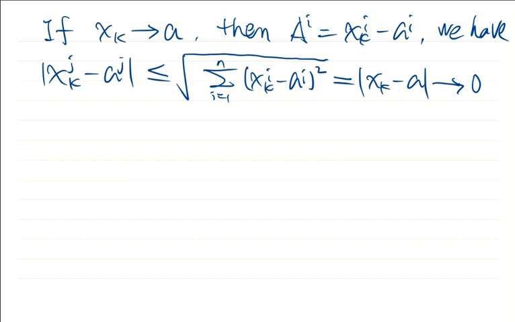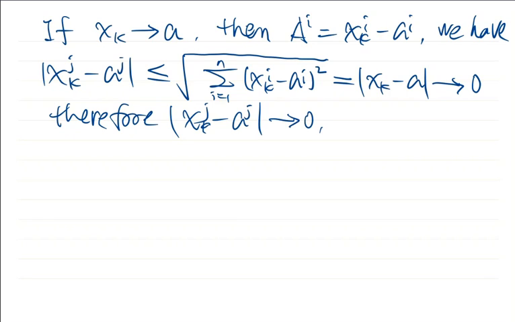So xkj minus aj, the absolute value, also converges to 0. That is xkj converges to aj for every j from 1 to n.